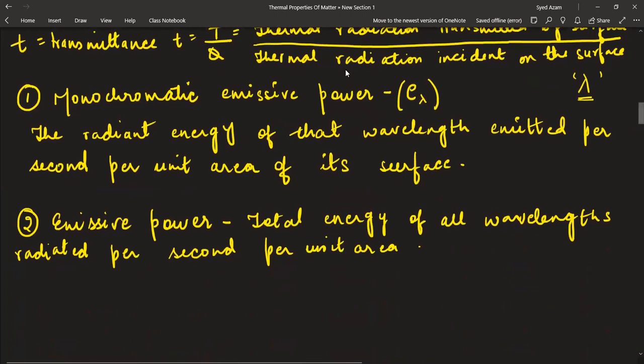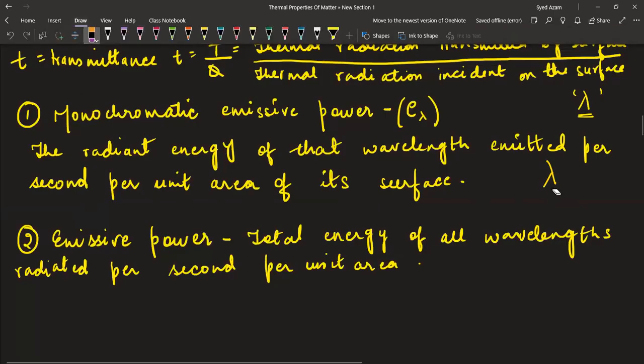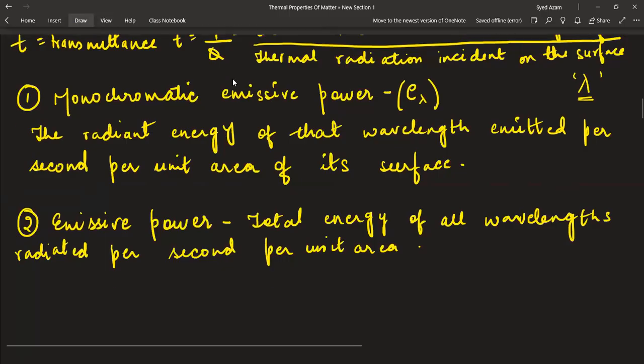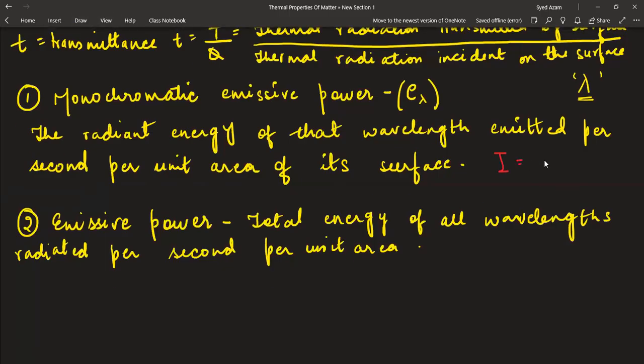Now, one is monochromatic emissive power. What is this monochromatic emissive power? This basically tells about the intensity: the radiant energy of a particular wavelength emitted per second per unit area. So basically, it's like your intensity, which is equal to energy per unit area per unit time.